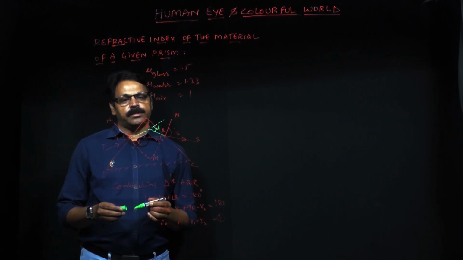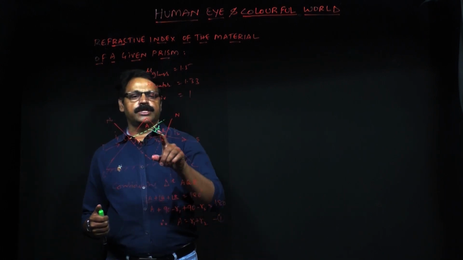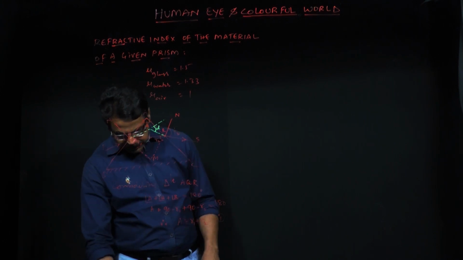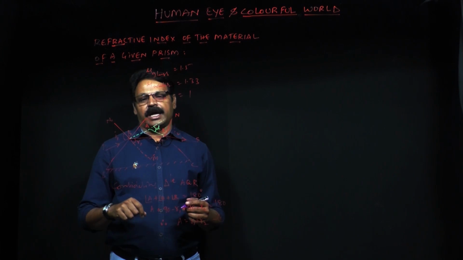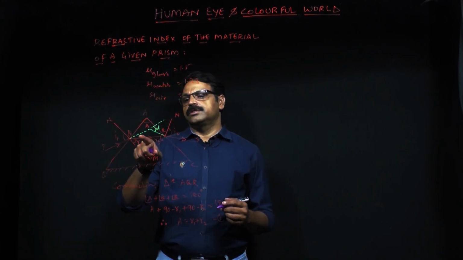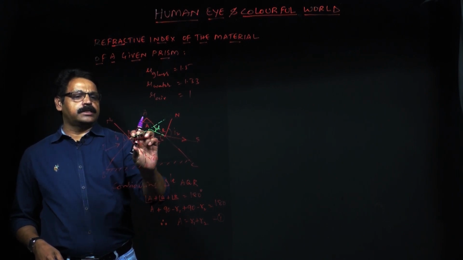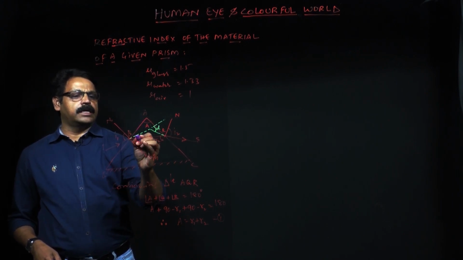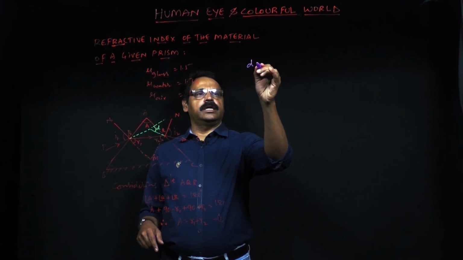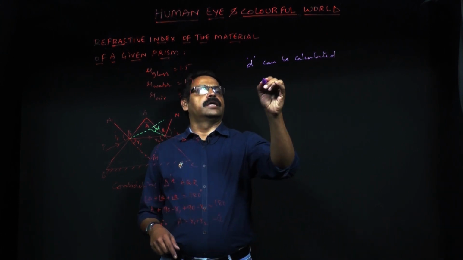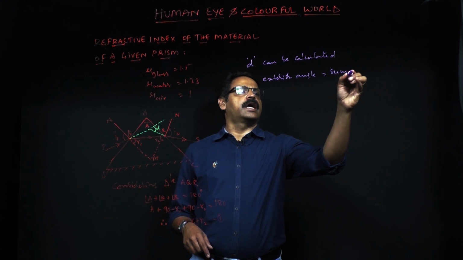The deviation angle D can be taken using the fact that the exterior angle is equal to the sum of the interior angles. So D is going to be I1 minus R1, this interior angle. So D can be calculated as the exterior angle equals the sum of the interior angles.